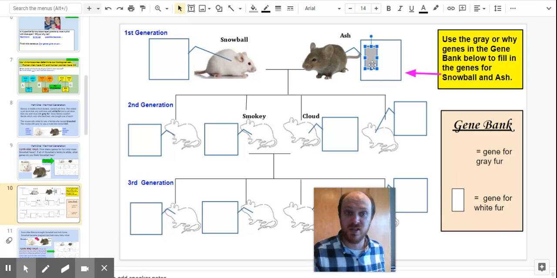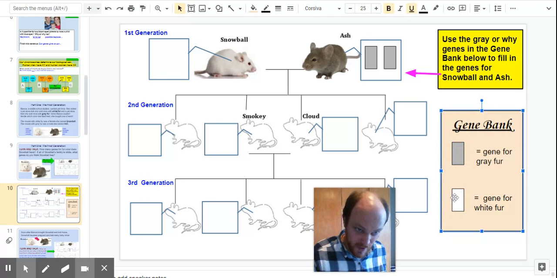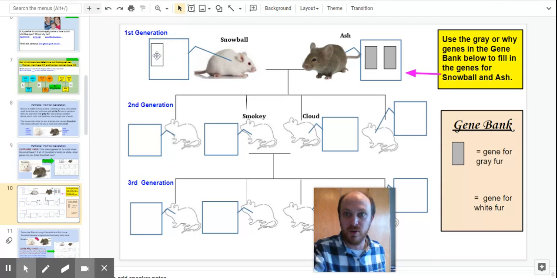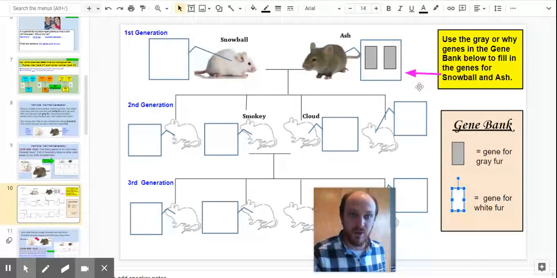If you think that Ash has 2 gray genes, you'd copy and paste. If you think that Snowball has a white gene or 2 white genes, you give her the white gene symbol, and you can copy them if you think there's 2, or 1, or 3, etc. Okay, so that's how you model this slide.